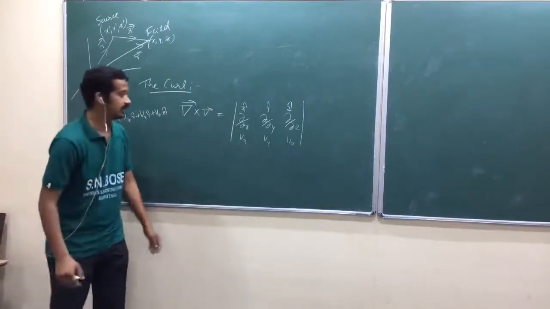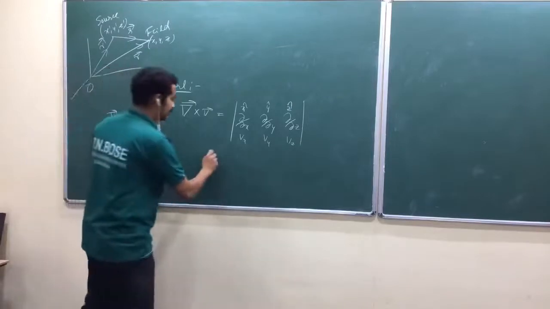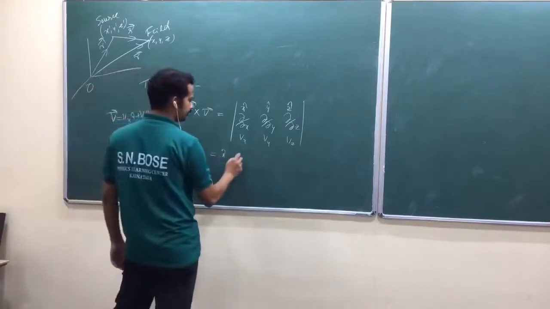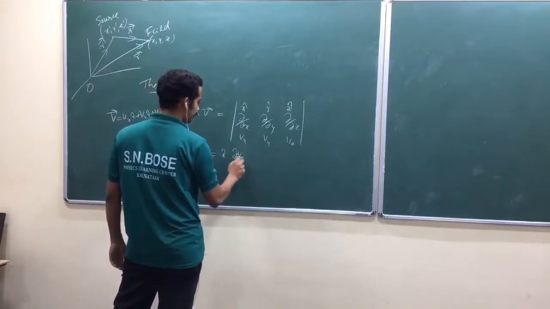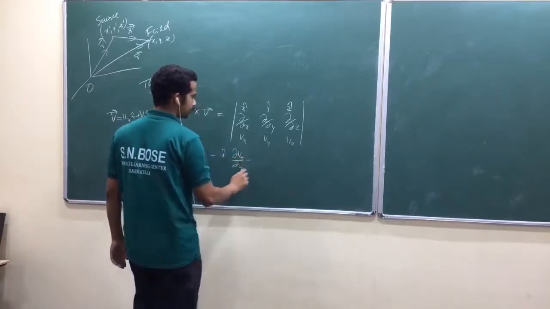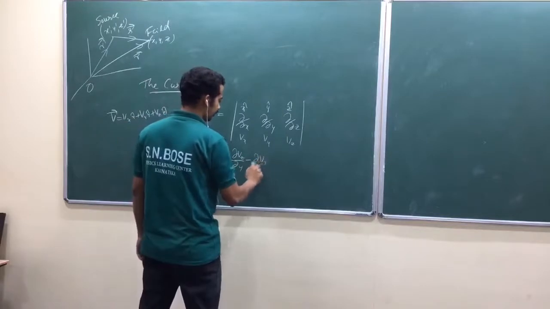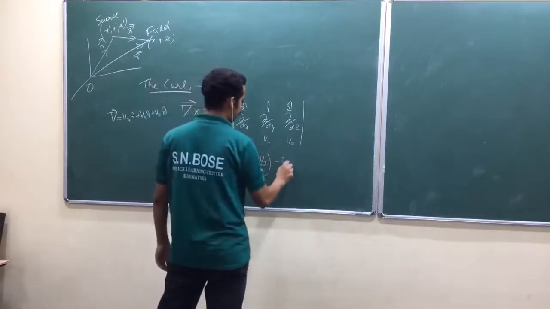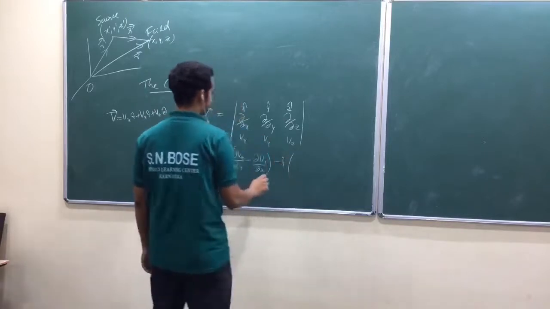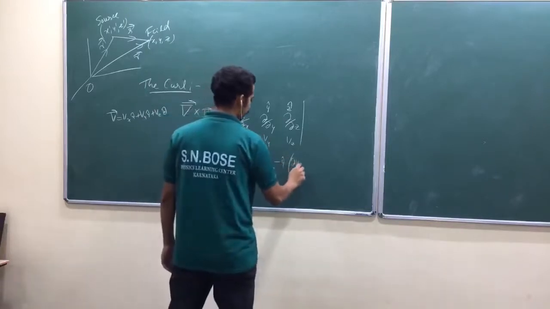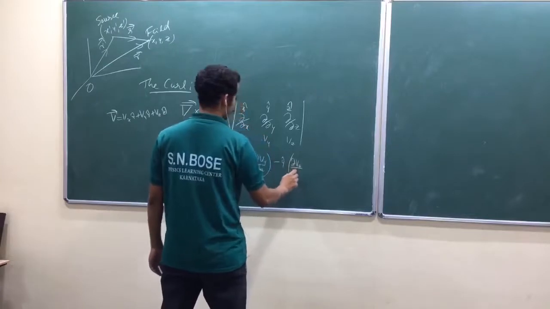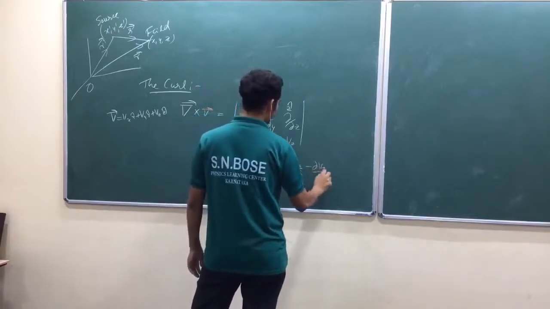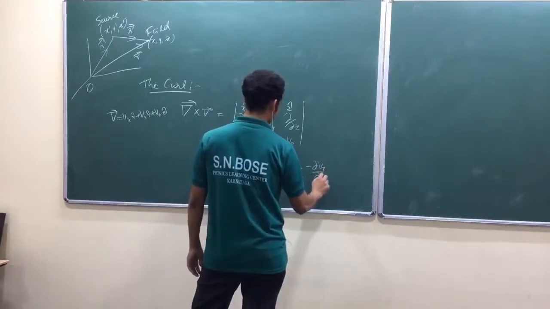But, yeah, I need expansion, sorry, to interpret something. x cap into (∂Vz/∂y − ∂Vy/∂z), minus y cap into (∂Vz/∂x − ∂Vx/∂z).